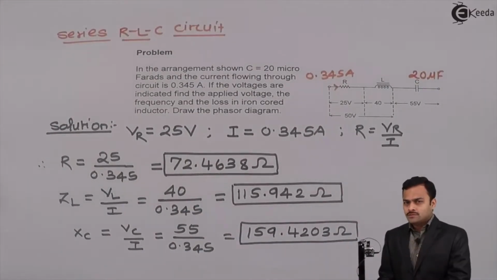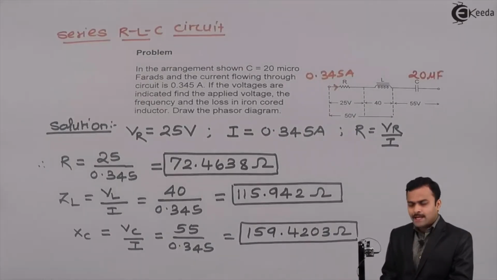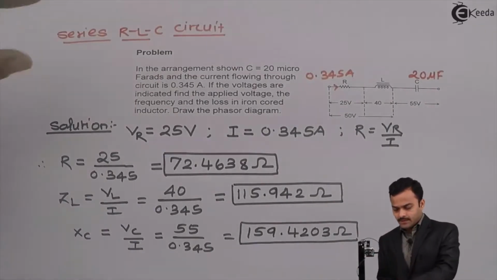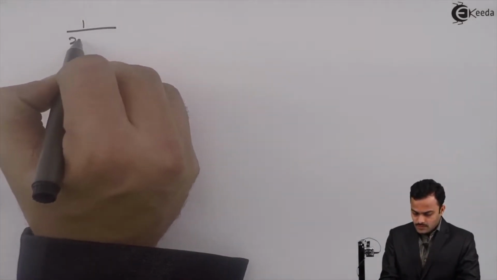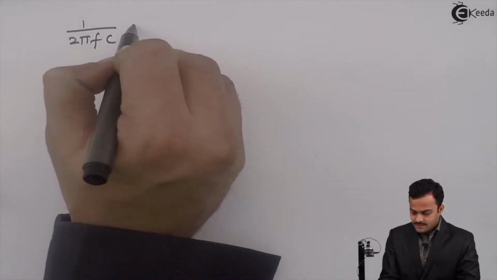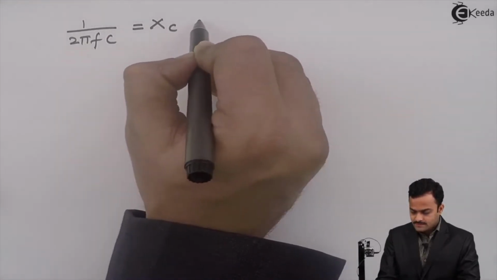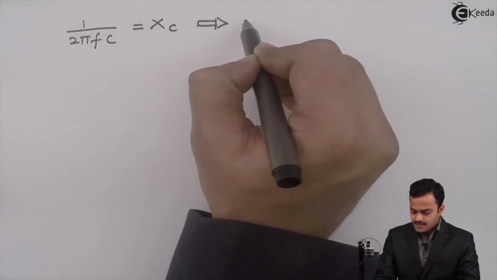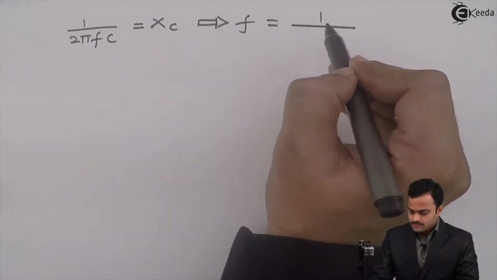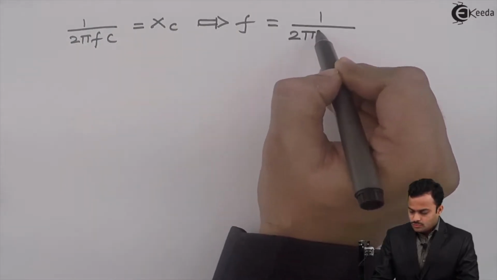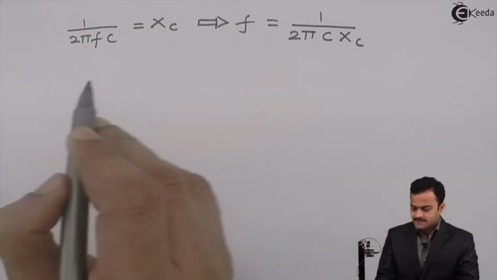One of the unknowns is frequency. So let's calculate the frequency from this, because I know the value of capacitance as 20 microfarad. XC I can represent as 1 upon 2 pi FC, equal to XC. This implies the unknown frequency F equal to 1 upon 2 pi C into XC.